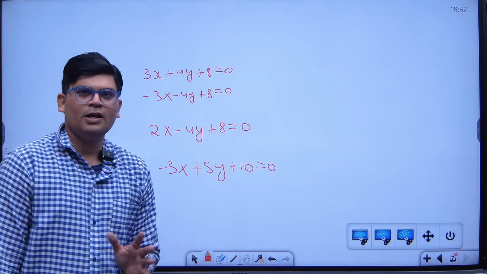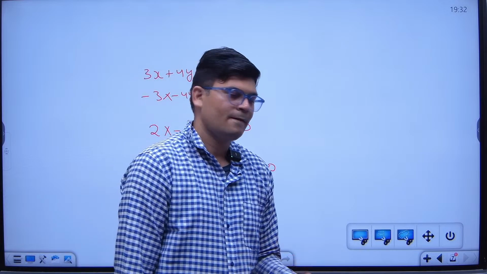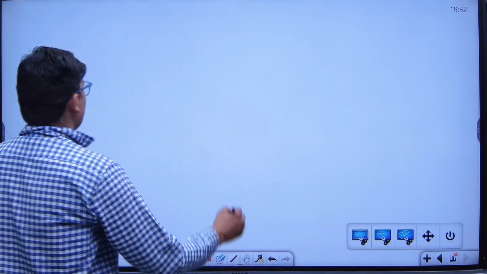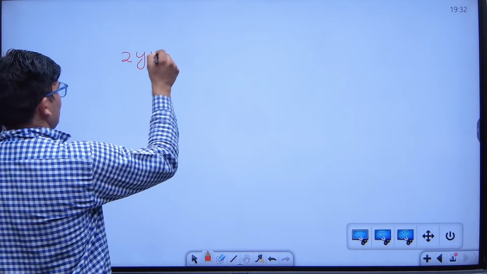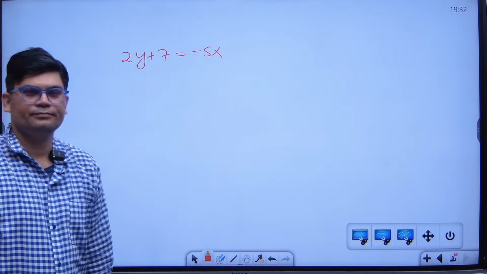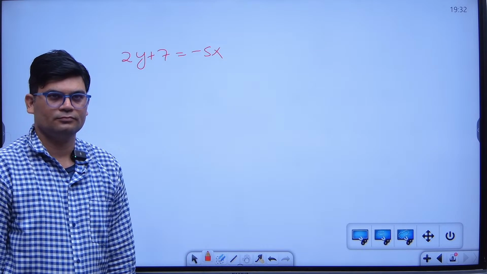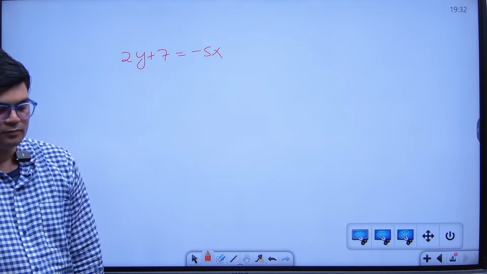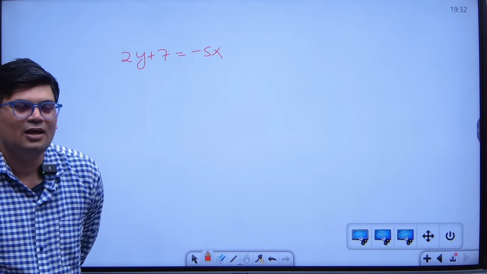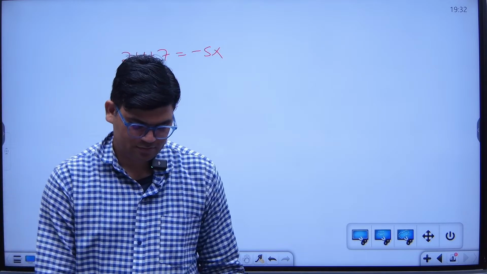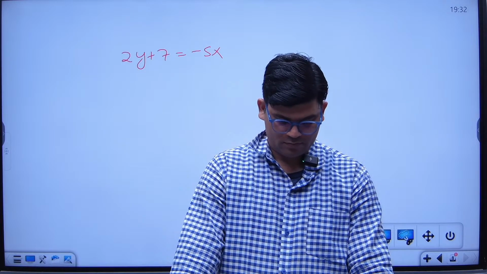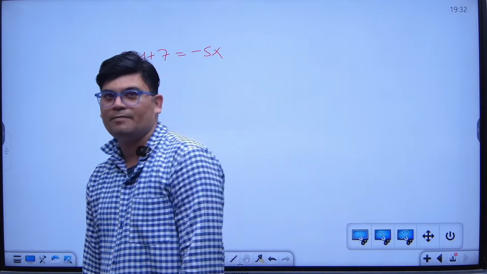So I hope that you are now confident on the slope. So if I can give you in two different forms, you can tell me. The one form can be written like this: 2y plus 7 is equal to minus 5x. What is the slope? 5 by 2, not minus 5 by 2, my dear.